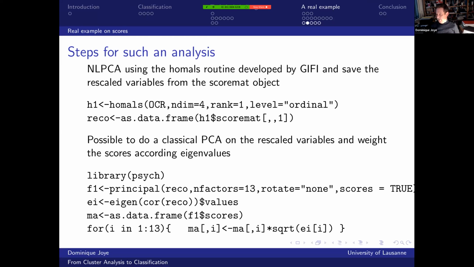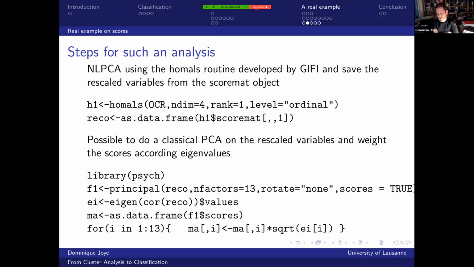In particular, we have the nonlinear principal component analysis, which will try to do some scaling of the original values in order to keep the information about ordinality, but at the same time will try to reorder the categories in a way which is better in statistical terms for the analysis. I will show you a little bit later.